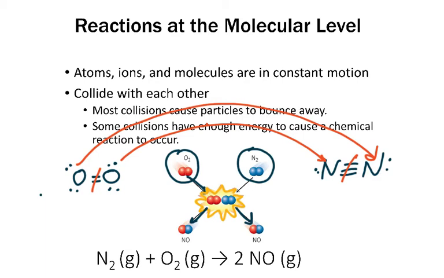So we have what down here is a balanced chemical reaction. We can't say that we take an N2 molecule and an O2 molecule and we make NO, because then, well, what happened to the other N and the other O?